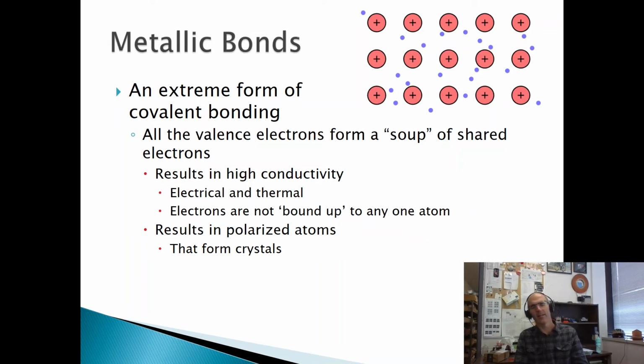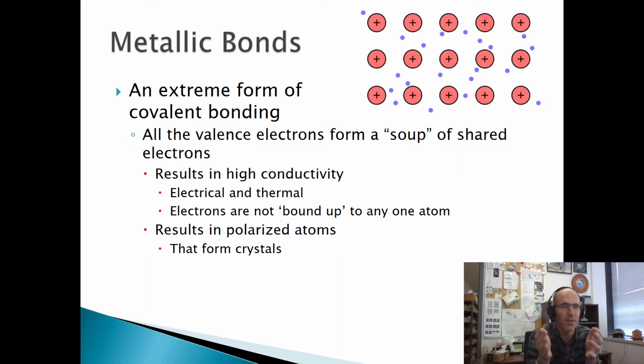Because in covalent bonding, you've got two atoms agreeing to share electrons. And in metallic bonds, you've got a whole bunch of electrons saying, this is too complex. I'm just going to throw my electrons out there and hope that everything balances out by the end of the day. And by and large, it actually does.